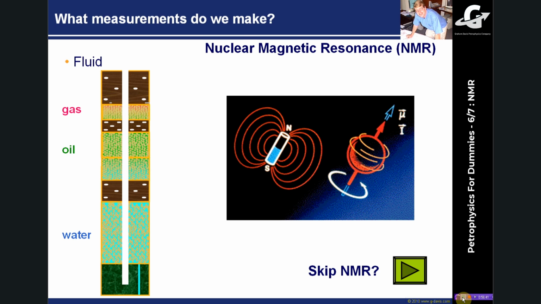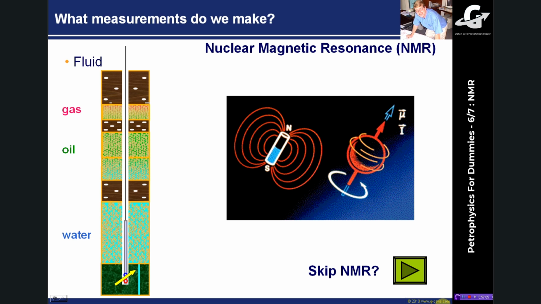So they're in all the water and the oil and the fluids downhole. Because they behave like little bar magnets, they have effectively a north and a south pole. If we run our nuclear magnetic resonance tool in the hole and activate a magnetic field, we can align all those protons in the fluids together.